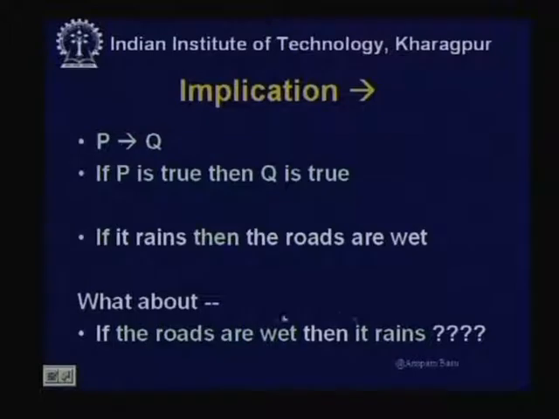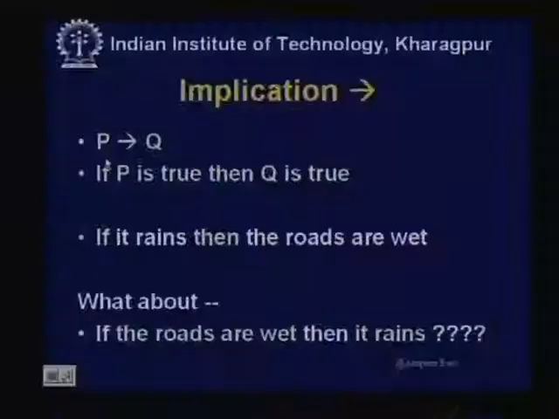If the roads are wet, can I always infer that it rains? The roads can be wet because of some other reason also. There might be a sprinkler that has been used to clean the road, or the road has been washed, it did not rain.